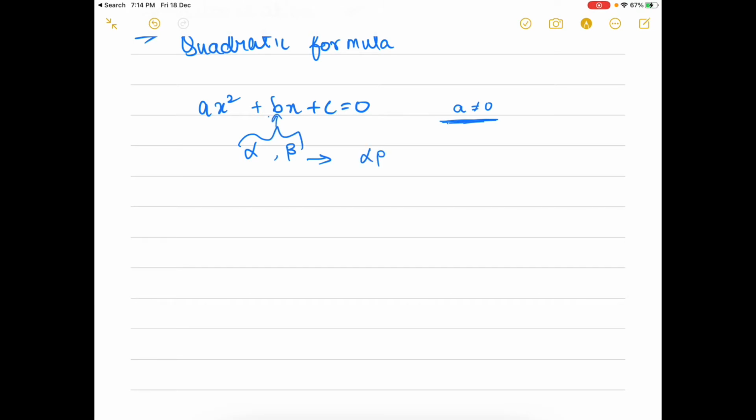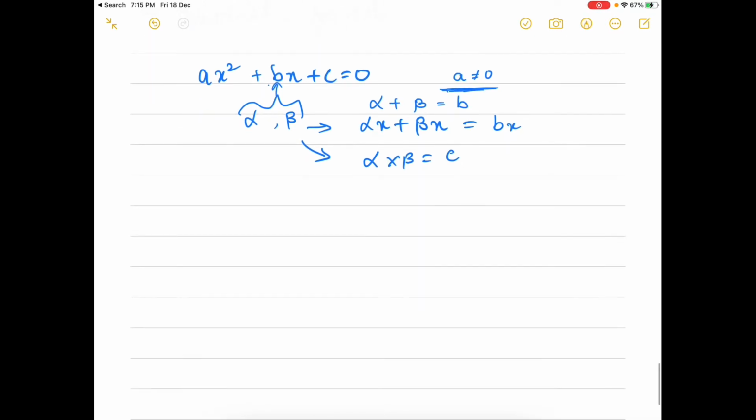So alpha x plus beta x should be equal to bx, and alpha into beta should be equal to c. We can also write that alpha plus beta should be equal to b. Now let's do it with an example.